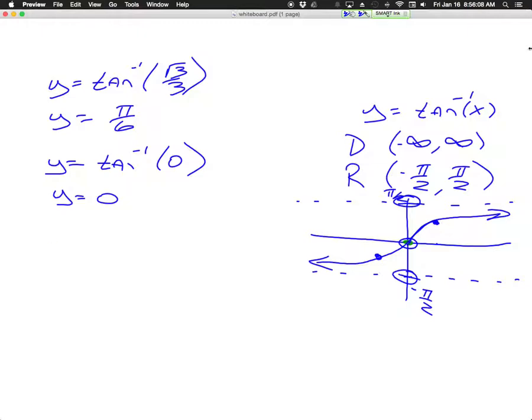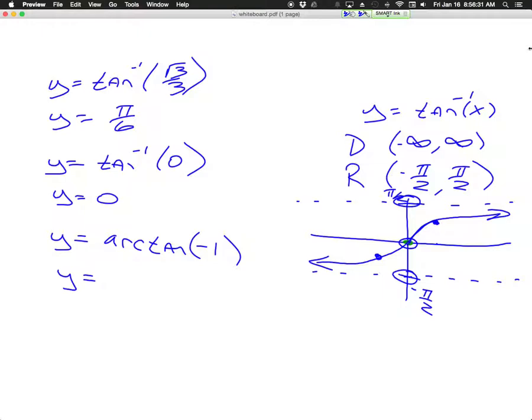All right, so what about this one? Change that a little bit. All right, I want y equals arctangent of -1.